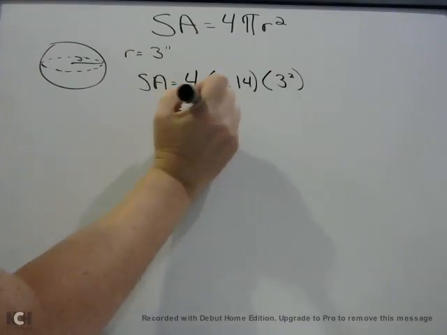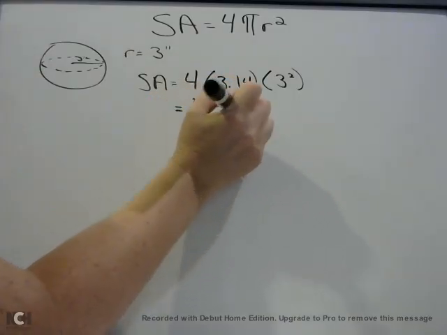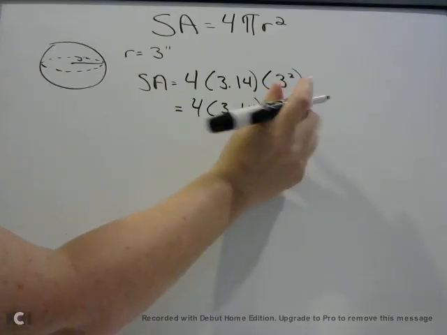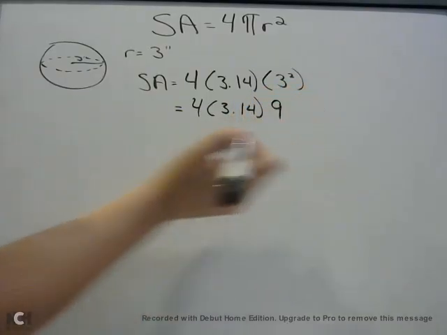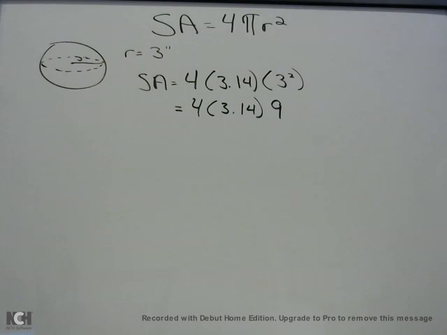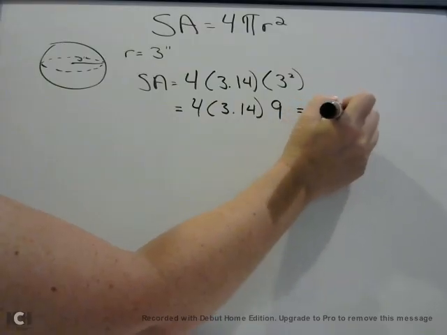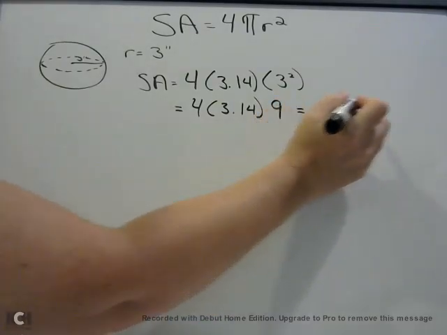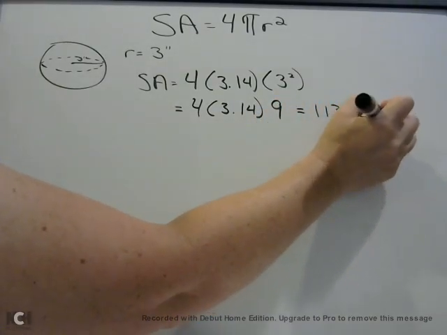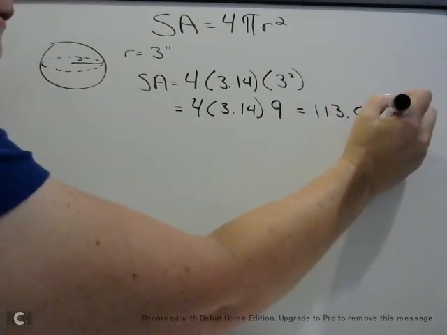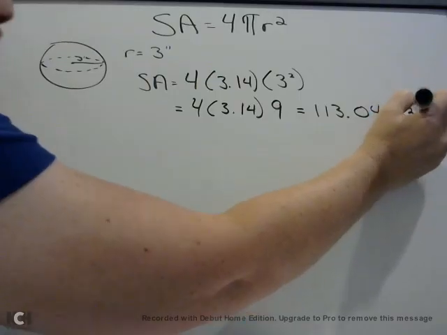So 4 times 3.14, I'm just going to rewrite those. 3 times 3 is 9. Now we're just going to take our calculator out, multiply that all together, and you get 113.04. Now this was in inches, and so our units is going to be inches squared.